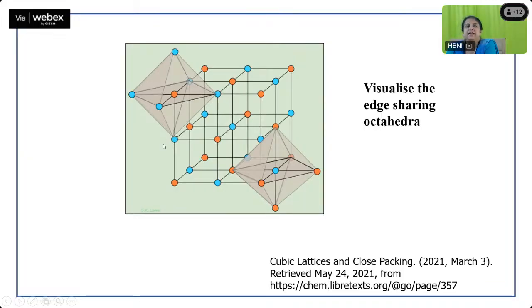So NaCl in terms of space filling polyhedra can be described as either NaCl6 or ClNa6 octahedra sharing the edges. If you visualize it in terms of space filling polyhedra, this is how you will be able to see it.